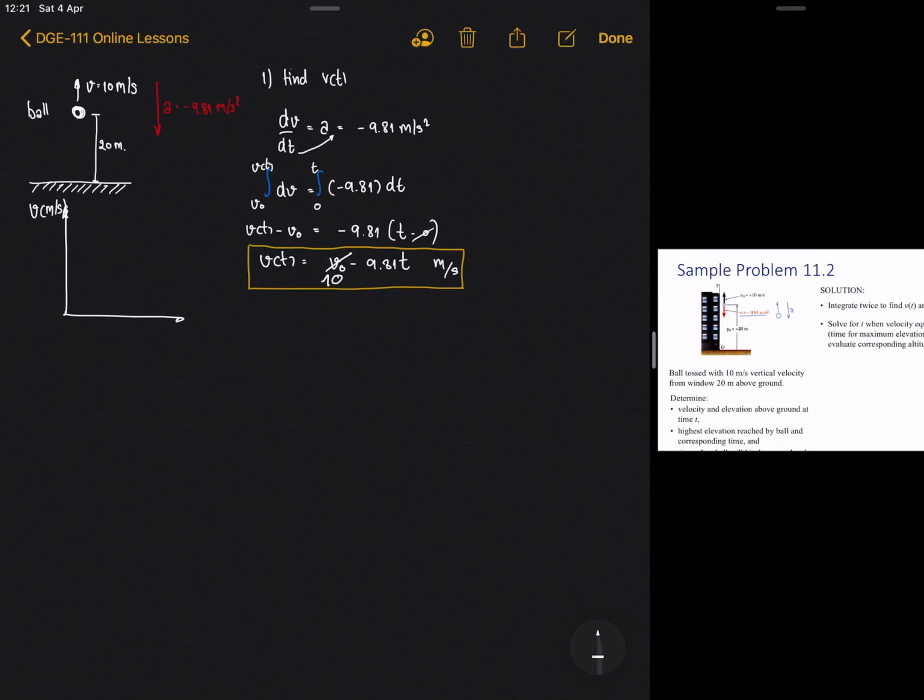So at time 0, vt equals 10 minus 0, equal to 10 meters per second. So at this point it is equal to 10. And you know already this is a linear equation, so the slope here is minus 9.81.